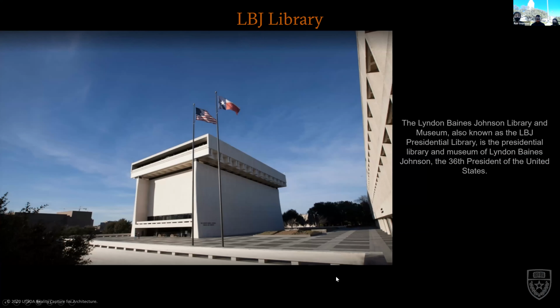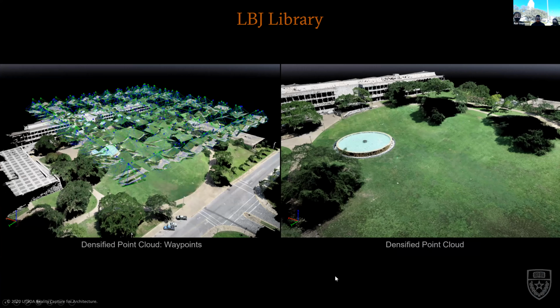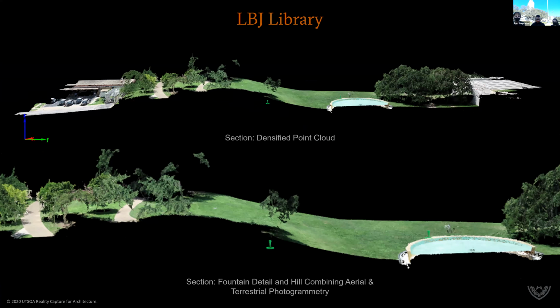We also went to the LBJ Library on campus, which was a cool site. We were focused around the fountain and also getting certain vantage points of the library. This shows the capabilities of making models that you can cut through of the site.